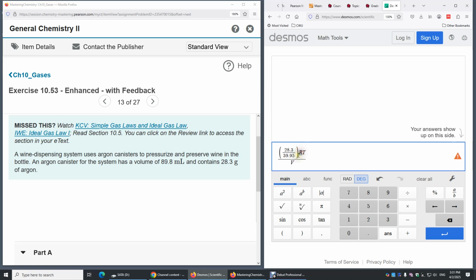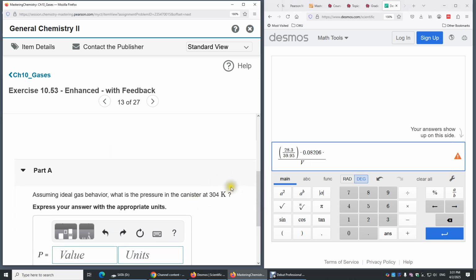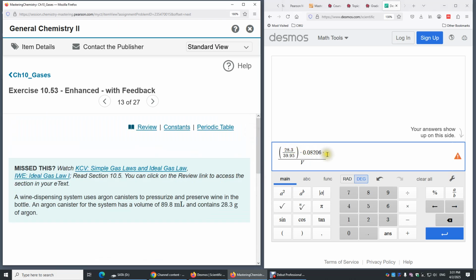The value of R is 0.08206 atm liter over mole Kelvin. And then temperature is 304 Kelvin, divided by the volume.